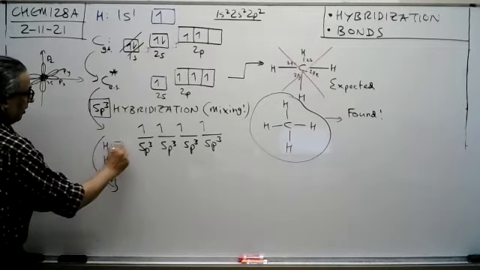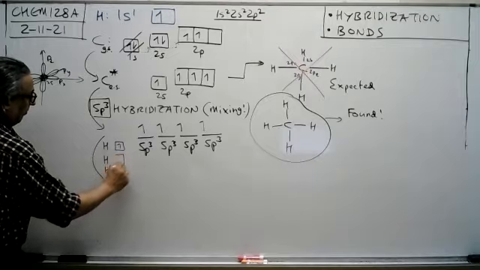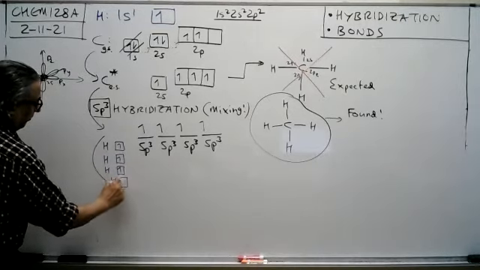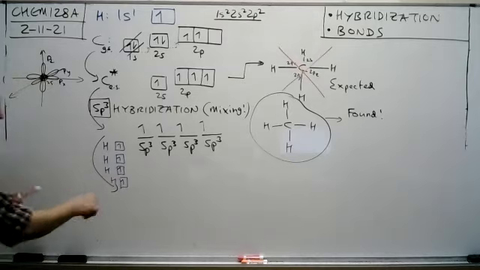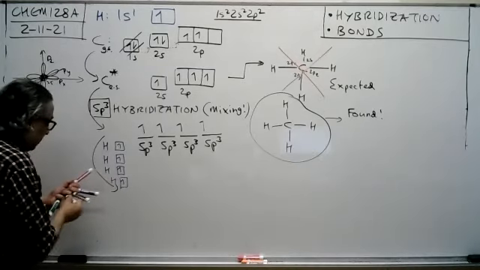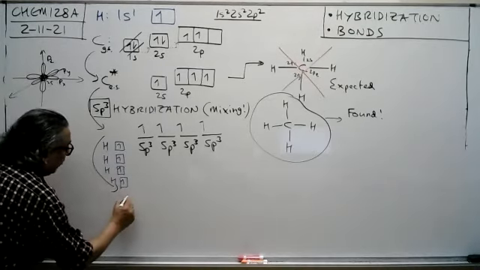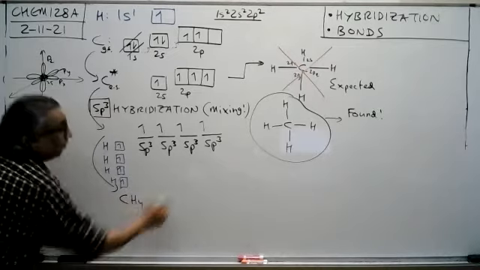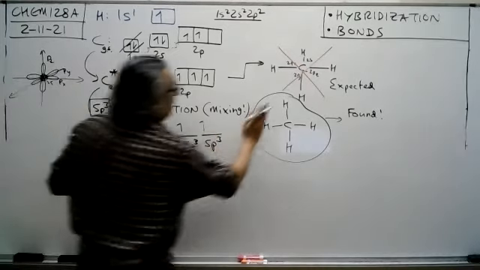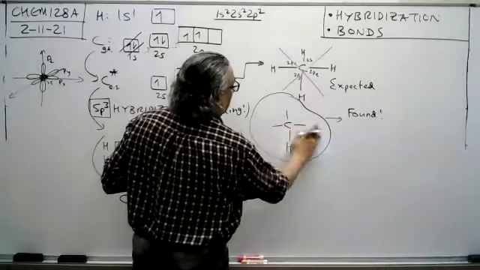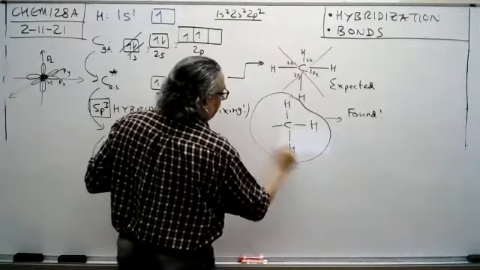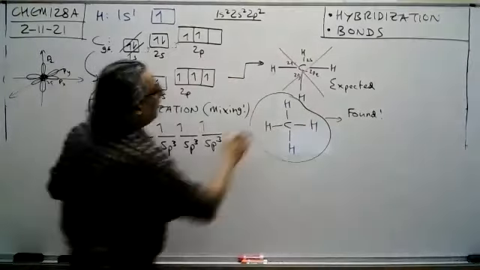They all come with one s orbital. So now at this point, you have a CH4 molecule, a CH4 molecule with 4 identical bonds. Let me just change the color to blue.